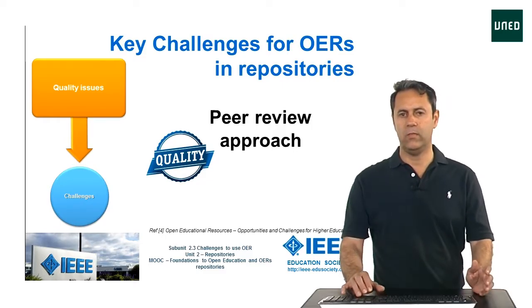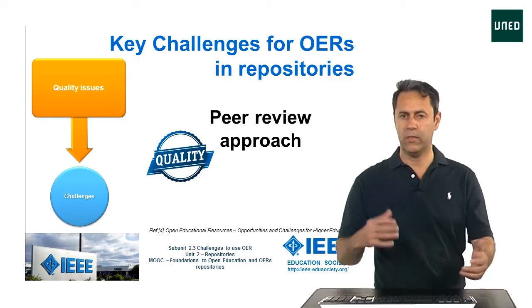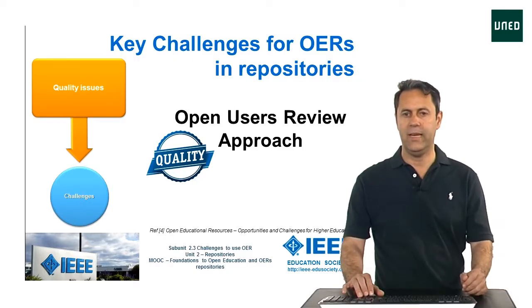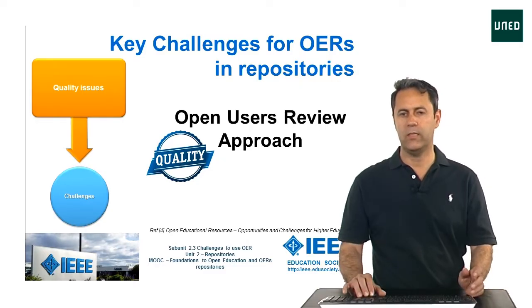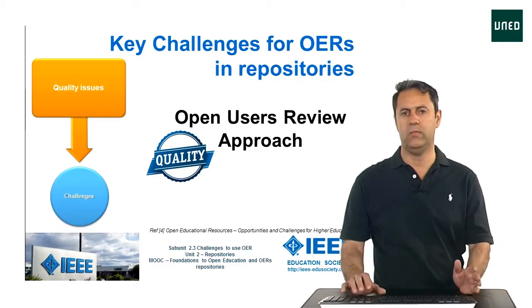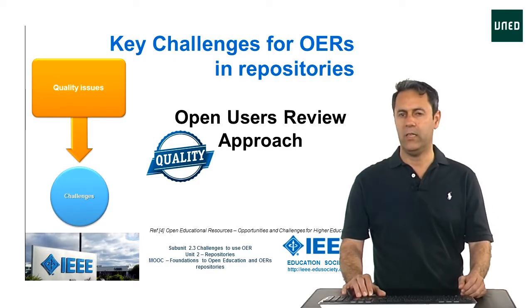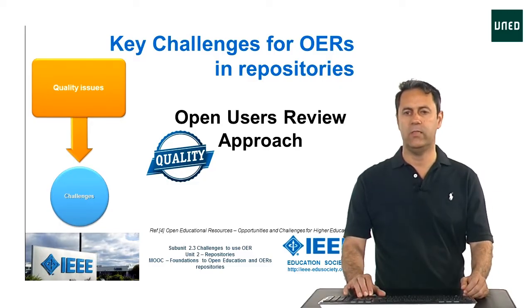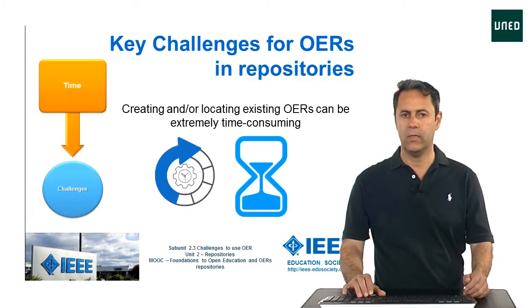Next, peer review approach. This method is one of the most well-known in academia. It's the typical one related with the journals that review the papers between peers. Next, open users review approach. That means that the users can put comments on the contents, or another metric could be the number of downloads made for this content of open educational resources.